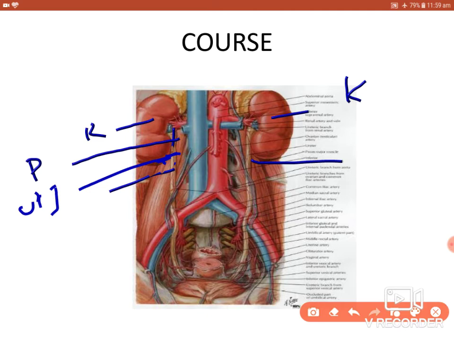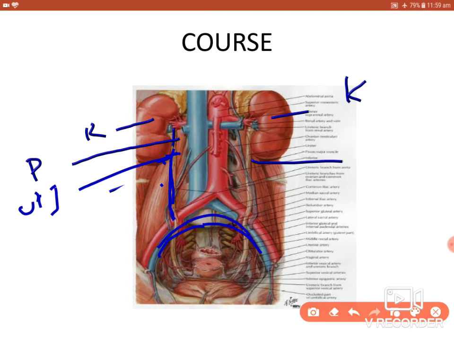Then the ureter goes anterior to the psoas major muscle, downwards and medially. This area forms the pelvic brim.